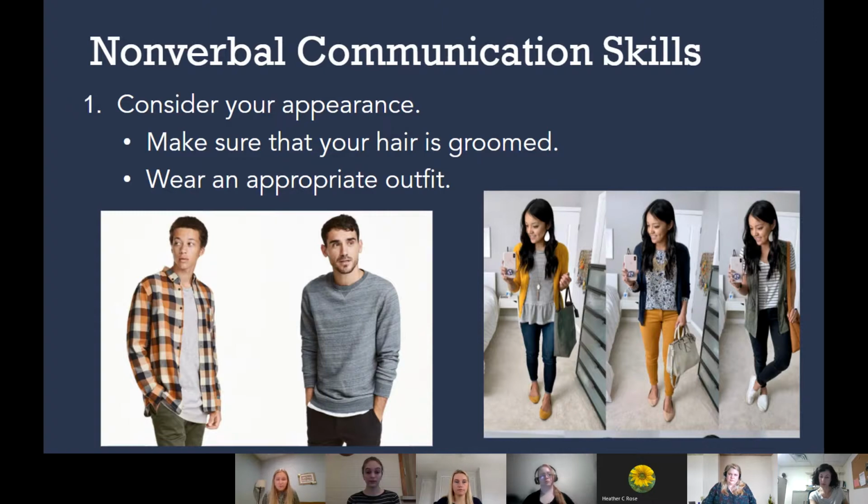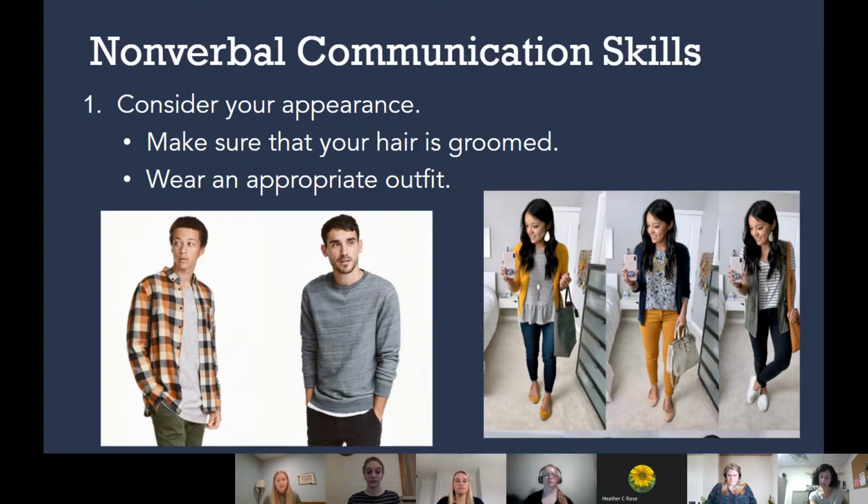So some general rules: make sure that your hair is groomed, wear an appropriate outfit, avoiding midriffs, plunging necklines, or low-rise pants. In general, it's nice to have a clean, neat pair of pants, maybe a dress or a skirt, paired with a blouse, a shirt, or a jacket, and that would be considered appropriate.